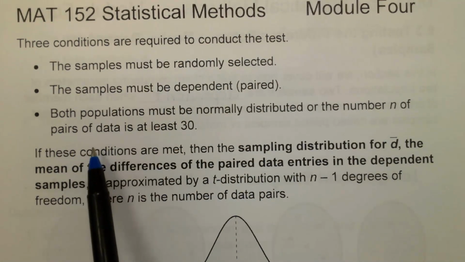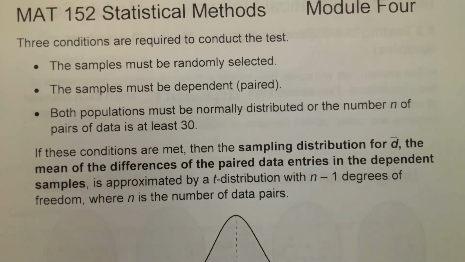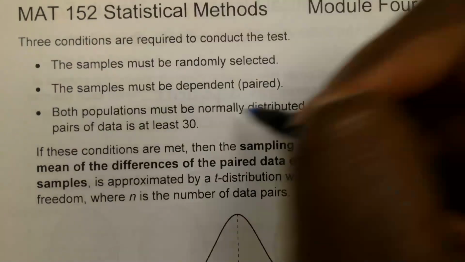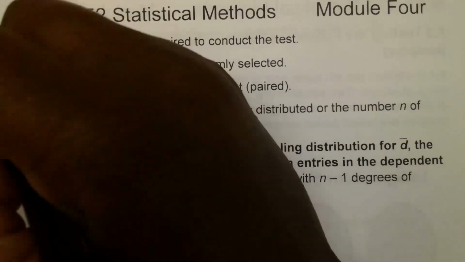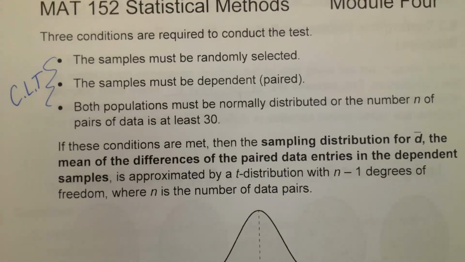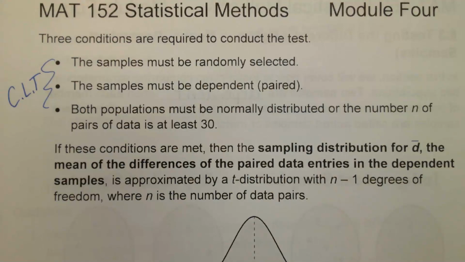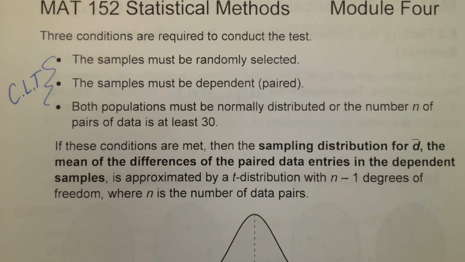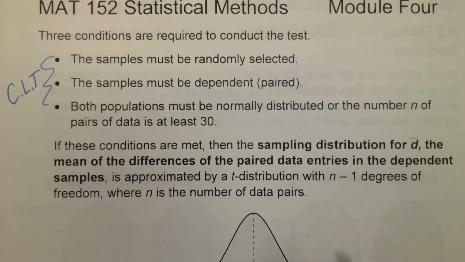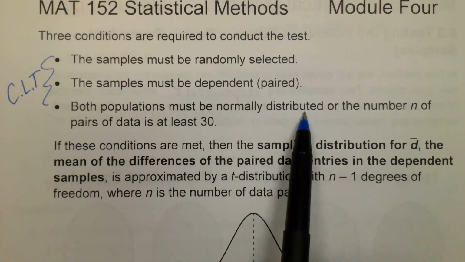And this should look familiar. This is our central limit theorem. Remember, we check to make sure it's random, and we also check to make sure that we have enough. If we don't have at least 30 samples, the population must be normally distributed.